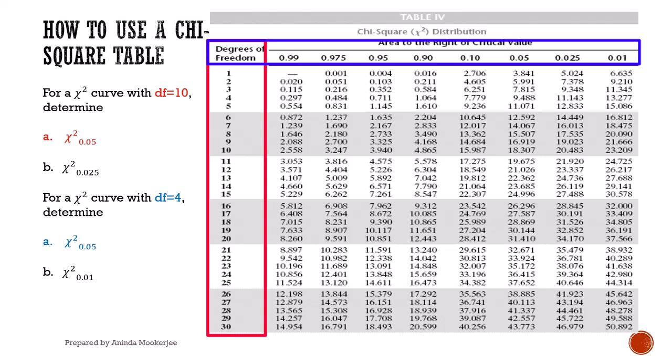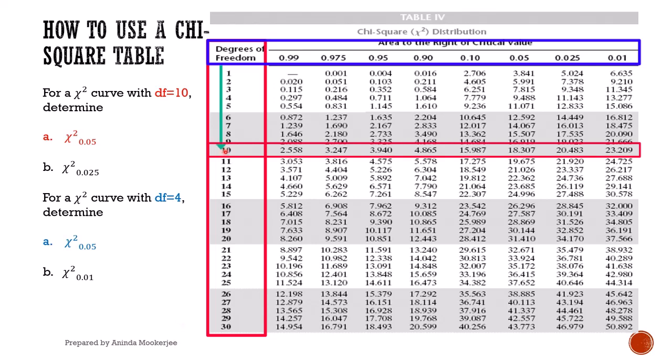All right, so here we have 10, right? For 10 we have to go down all the way to 10, which is here, and then 0.05 is going to be right here. So the chi-squared value is 18.307. All right, so chi-squared of 0.05 is going to be 18.307.